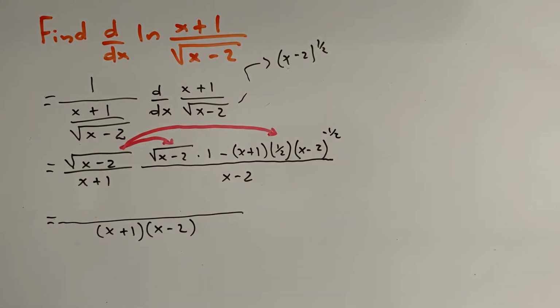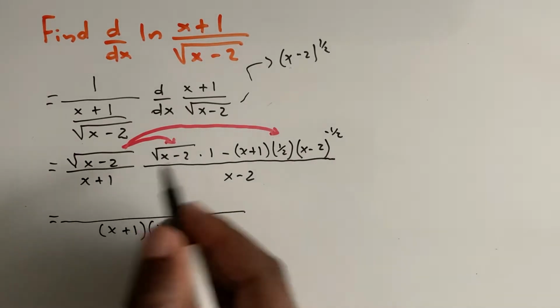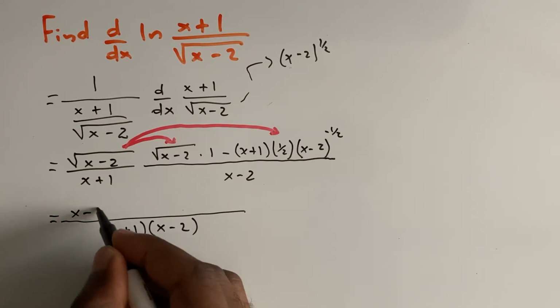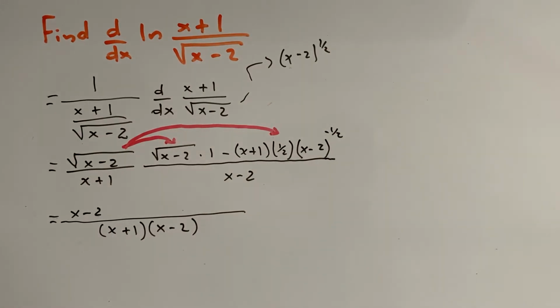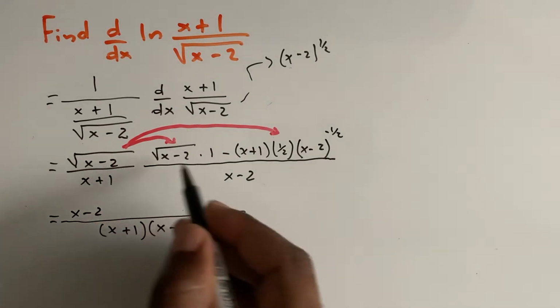Square root of x minus 2 times square root of x minus 2, the radical is gone, so it becomes x minus 2.